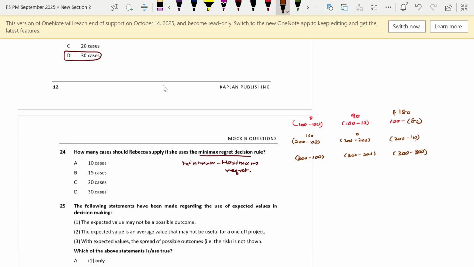Minimum value. It is 200, it is 100, it is 0. Okay? Minimum value, minimum regret.